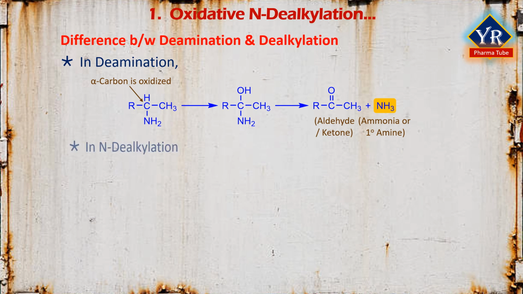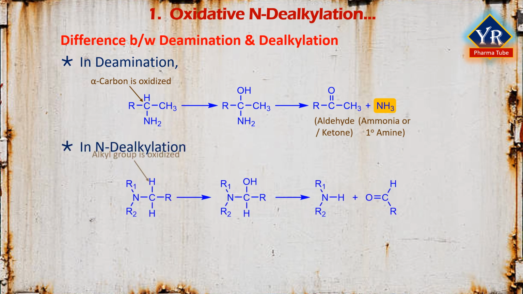In N-dealkylation, an alkyl group is oxidized and removed from the drug molecule. The metabolite still contains the nitrogen atom as well as the remainder of the drug molecule.